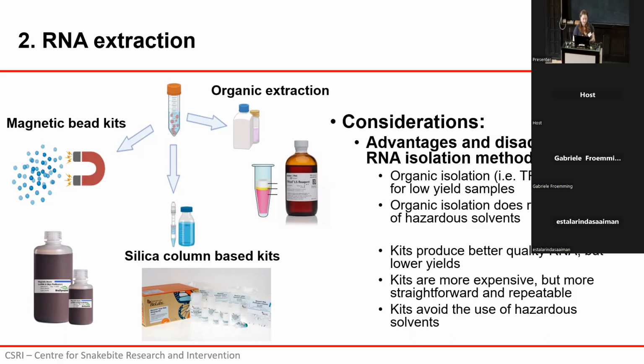So that is the issue with Trizol that is avoided with kits. They're also more straightforward and very repeatable, so they're great for undergrad students. I have my undergrad students working on that using kits. They also avoid using those hazardous solvents, as I mentioned. But their yields are going to be less than Trizol.